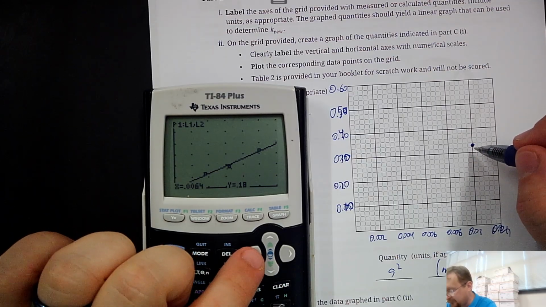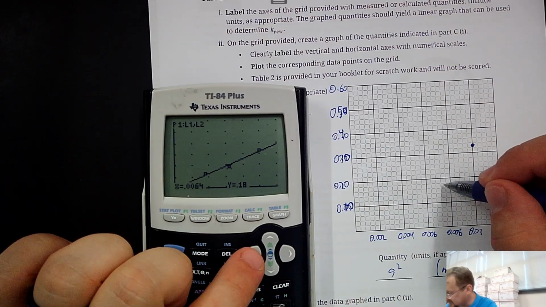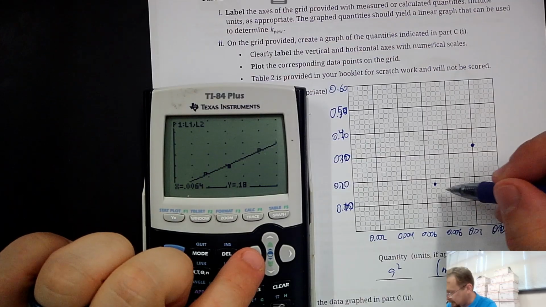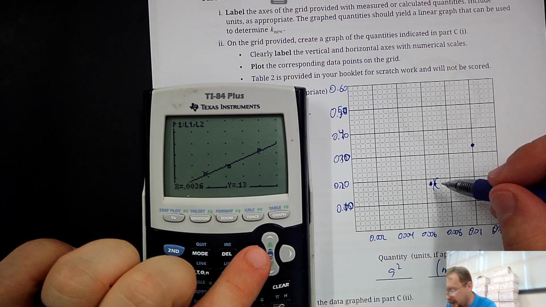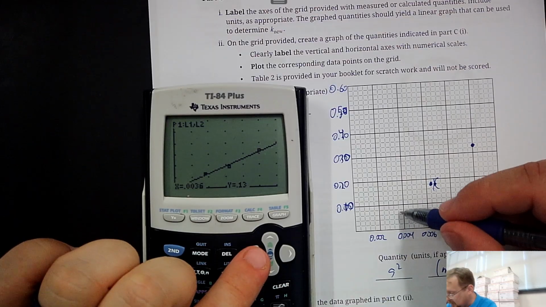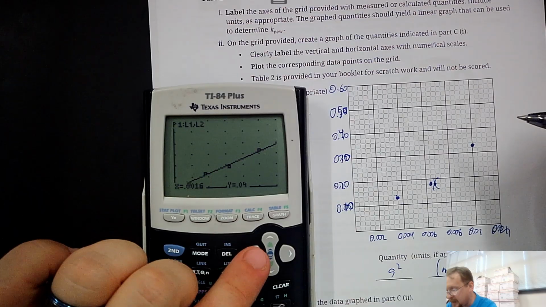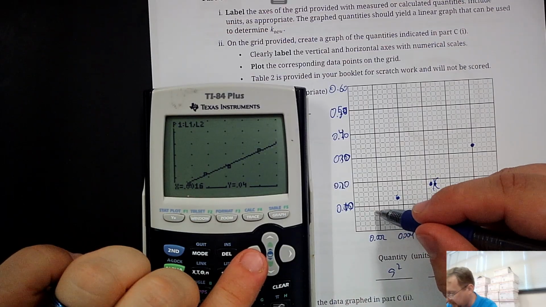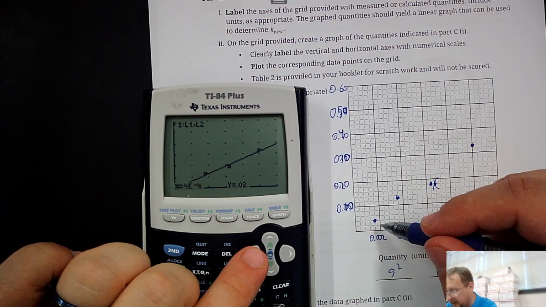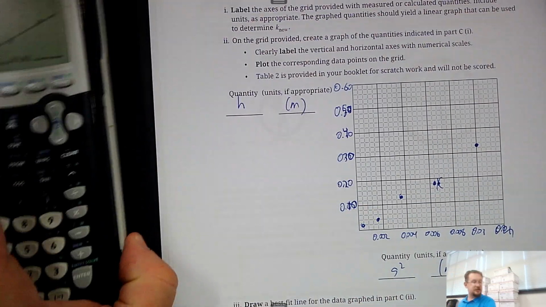Sorry, AP readers. Then 0.18 is about right here, and 0.0064 should be about right there. 0.0036 should be right here, and 0.13 would put us about right there. And 0.0016 puts us about right there, and 0.04 is about right there, and then two really tiny ones.